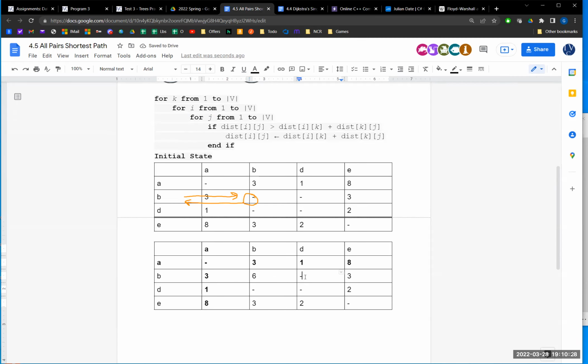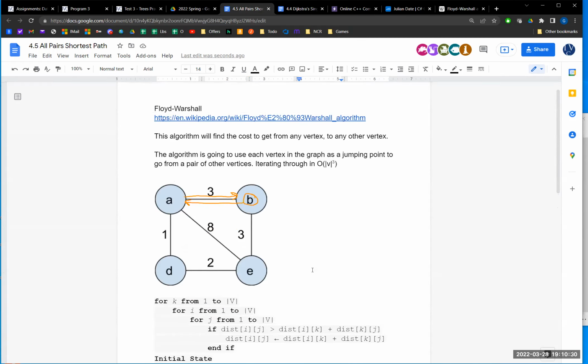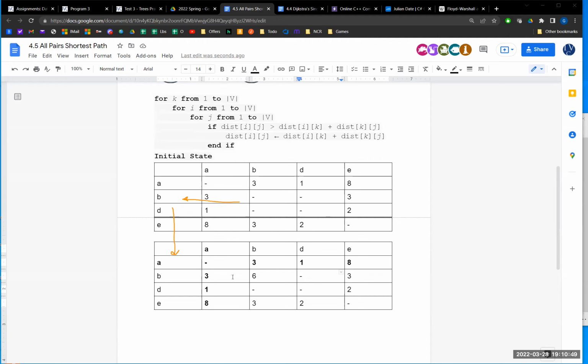Now B to D. Still the same jumping vertex. B can go to A for 3, and then from A to D for an additional 1, 3 plus 1. So B to A, and then from A to D for 1. So we'll replace that with an improvement there.